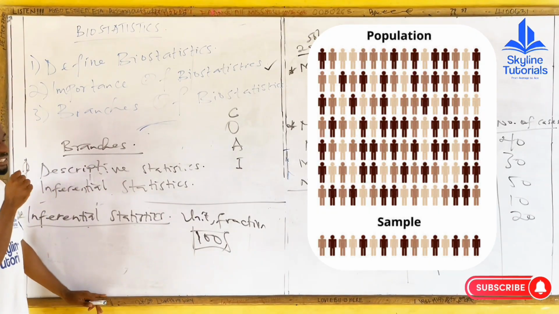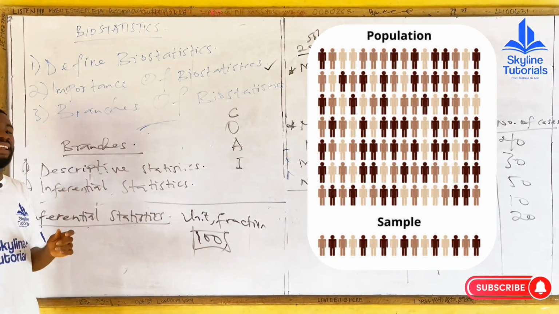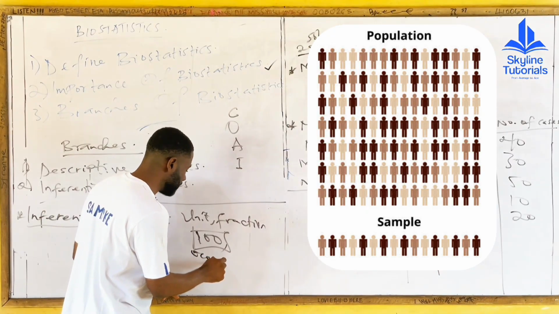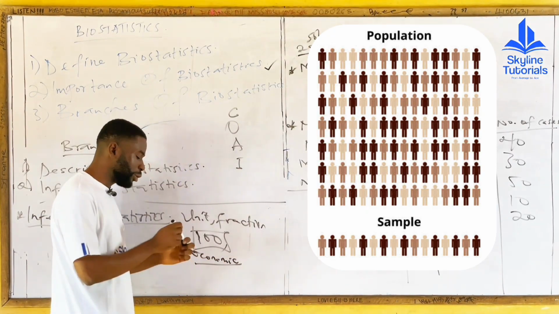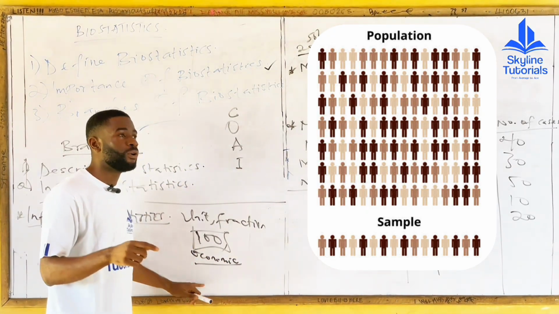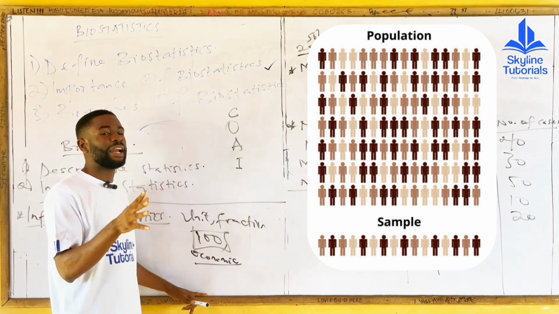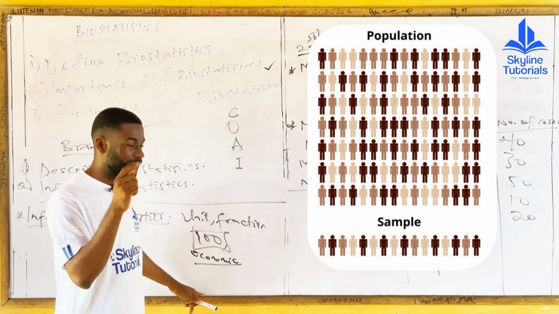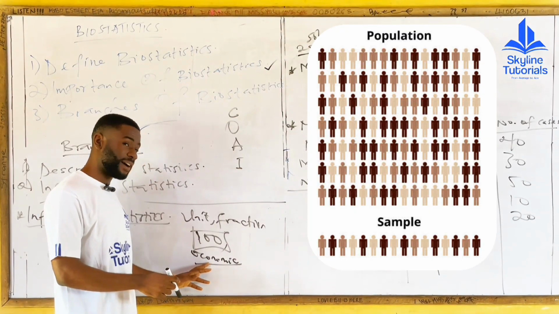In that case, we would generalize that in the University of Calabar, a factor that alters the academic performance of 300 level Unical students is economic factor.